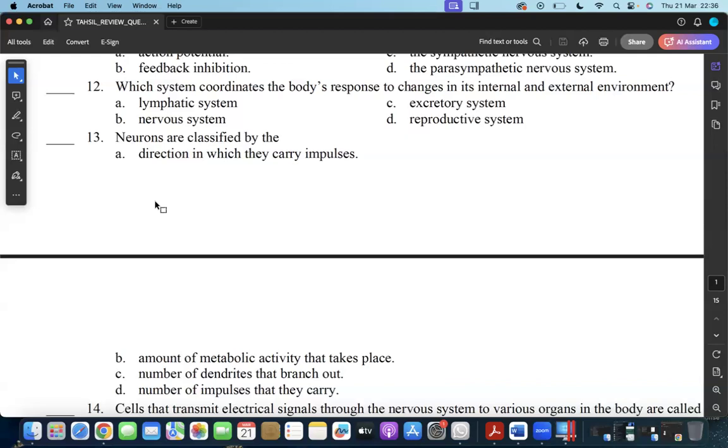So the one that seems to be the most correct is the nervous system. The nervous system would receive impulses from the external or internal environment and send a message to the brain, and the brain sends a feedback, a response that the body should do something. So this is the most correct answer. Question number 12, the most correct answer is B, nervous system.